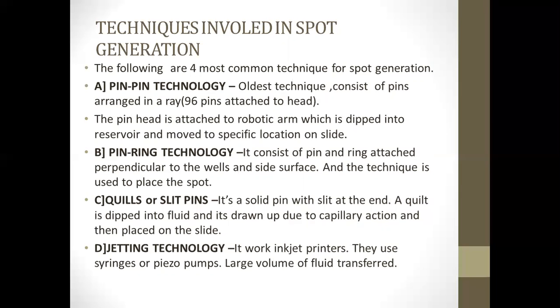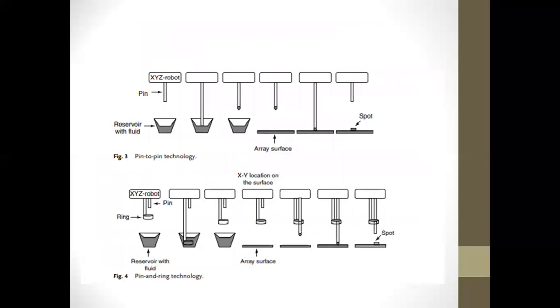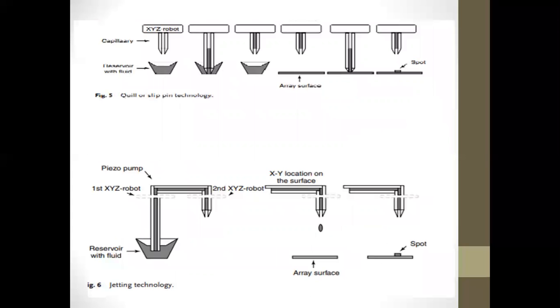Quills and slip pins use a solid pin: you apply pressure and it sucks up your material, and then you place the drop over the slide. Then jetting technology works like an inkjet printer. So this is pin technology, pin ring technology, quills, slip pin technology, and jetting technology.